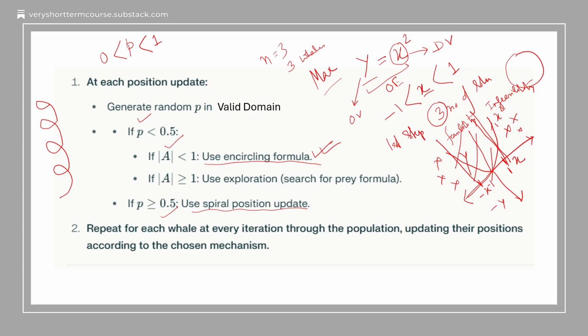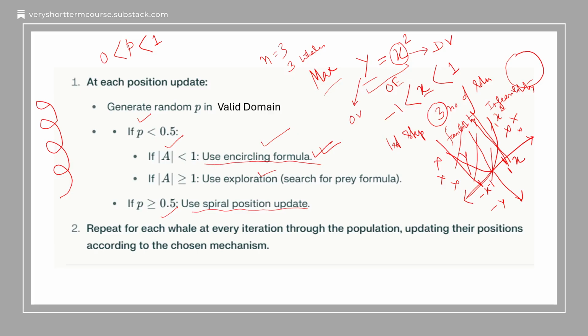then you question whether the absolute value of A is less than 1 or not. Then use the encircling formula. If the absolute value of A is greater than or equal to 1, that means it is equal to 1 or more than that, then you will use the exploration formula. Otherwise, if the value of p is greater than or equal to 0.5, you will use the spiral position update.